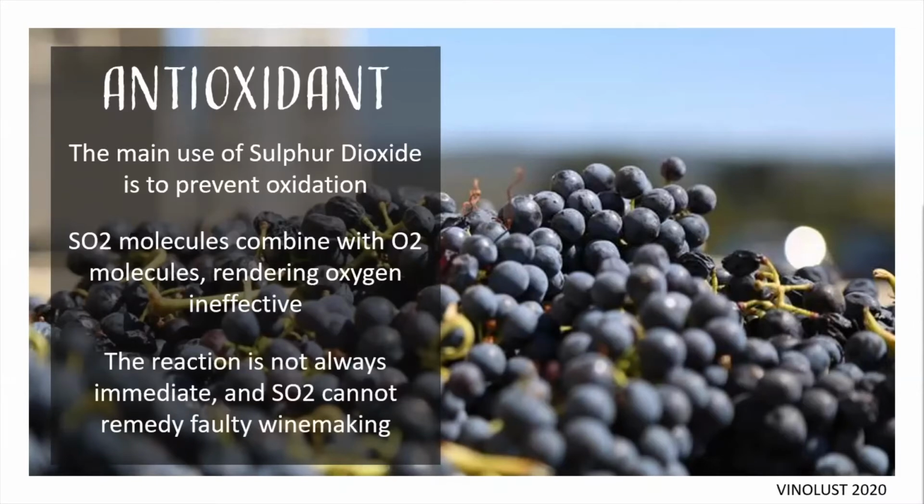So sulfur dioxide and oxygen can coexist for a while before the SO2 starts to bind with the oxygen molecules. The scary part is that period before the SO2 actually has the opportunity to render the oxygen inert. And now this is where we get into the idea of natural winemaking, natural fermentations, natural yeasts, things like that.